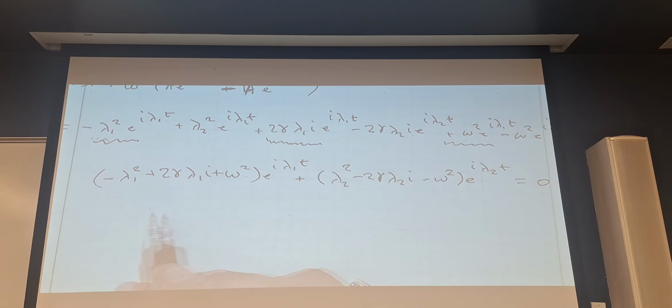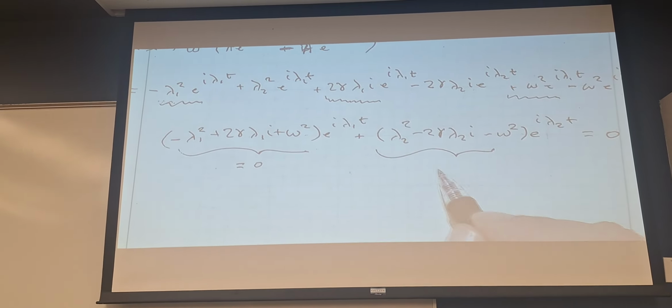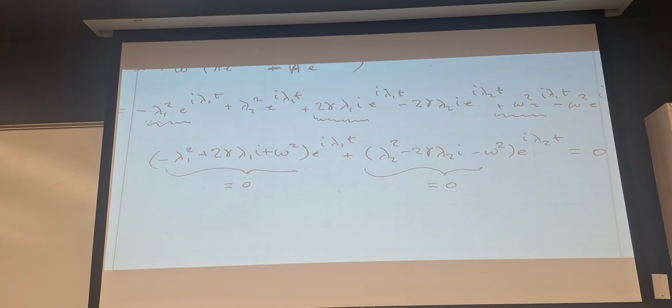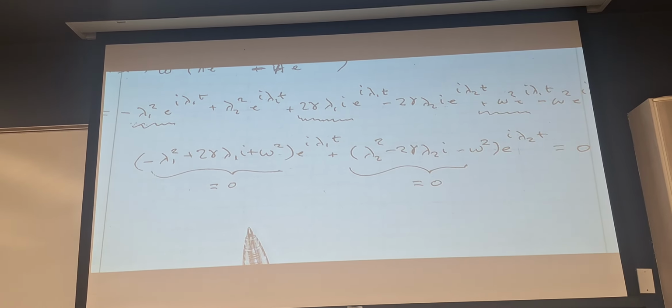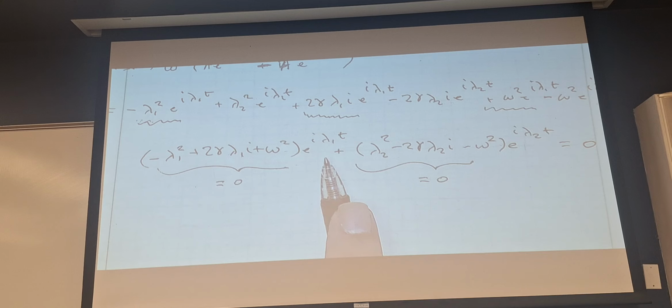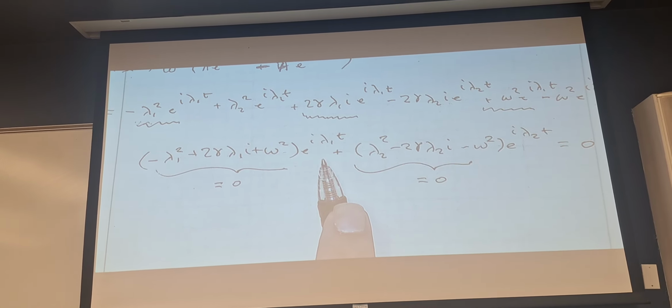Now, these have to be equal to 0. Why do they have to be equal to 0? Because they cancel out. Or does anyone know? Is e to the i lambda 1 t always 0? No, it's not.